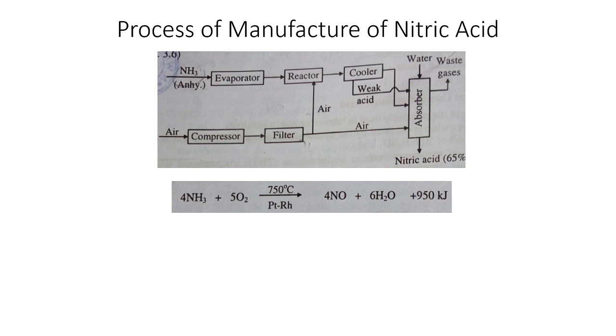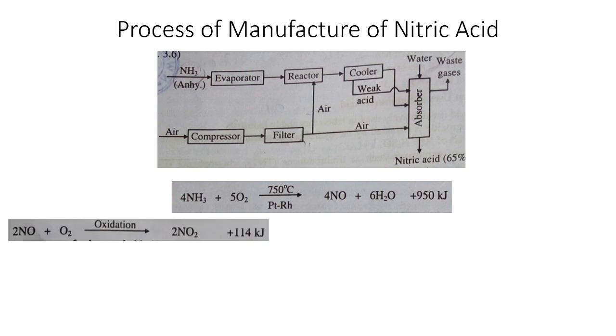Here more air is added for the oxidation of nitric oxide NO to NO2. This is the second step, the conversion of NO to NO2. For that oxidation you have to supply extra air, that is extra oxygen. So in this absorber the nitric oxide gets oxidized just by passing oxygen gas.